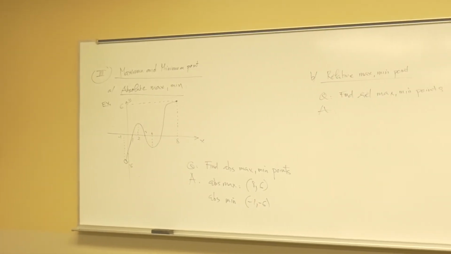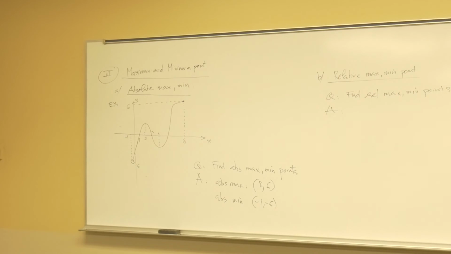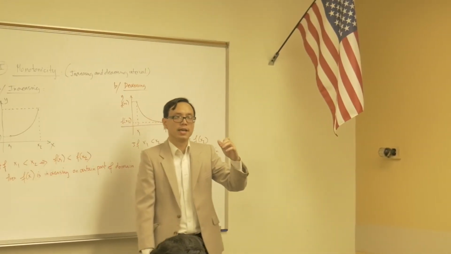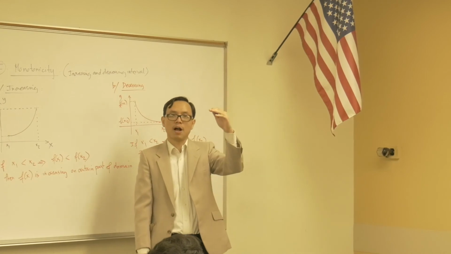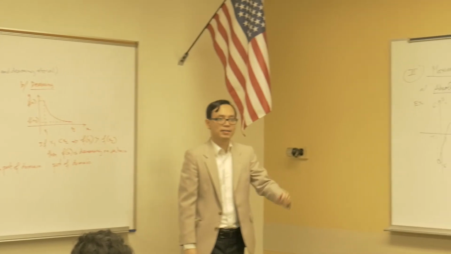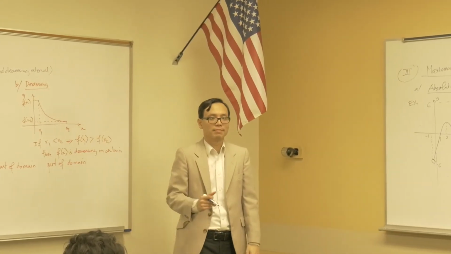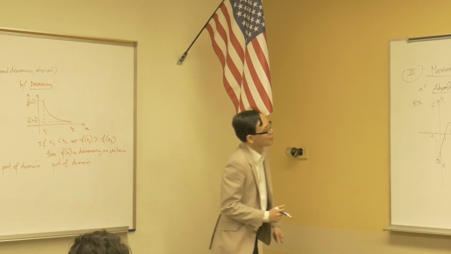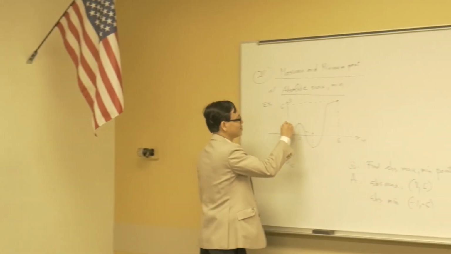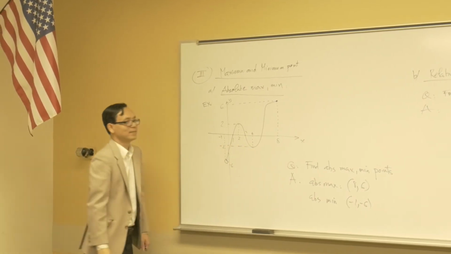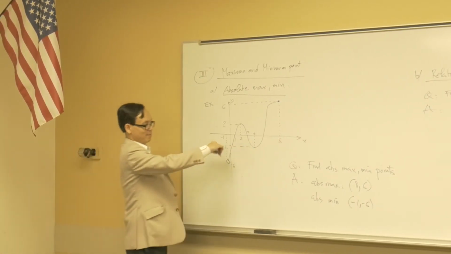Relative max, you look at it this way: it is the top of the hill. Relative min is the bottom of the valley. Where is the hill? This is the hill, right?